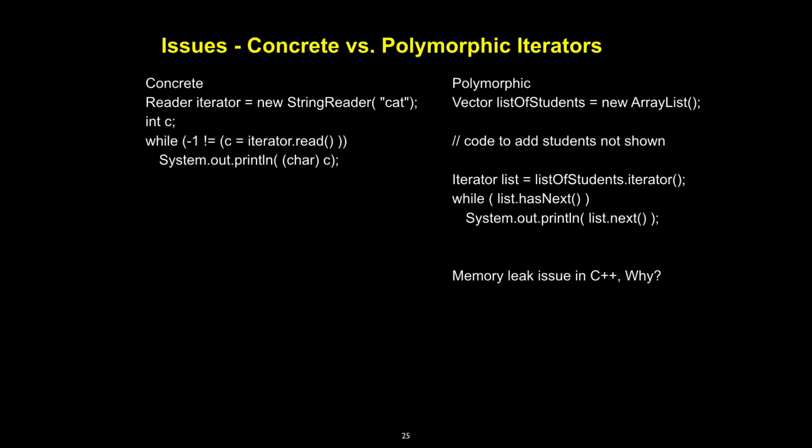Are there any C++ people in the room? Then that has meaning to you, doesn't it? Memory leak? For polymorphic iterators, big problem. Why? Well, because who created the object? It's created inside the array list, right?